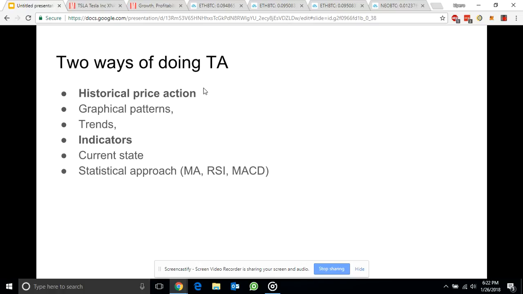The other way is to use indicators, which are a statistical approach like price moving averages or the relative strength index, RSI. This tells you the current state of the price of an asset, and can be very useful in determining price trend reversal, like from bullish increasing price action to bearish decreasing price action.